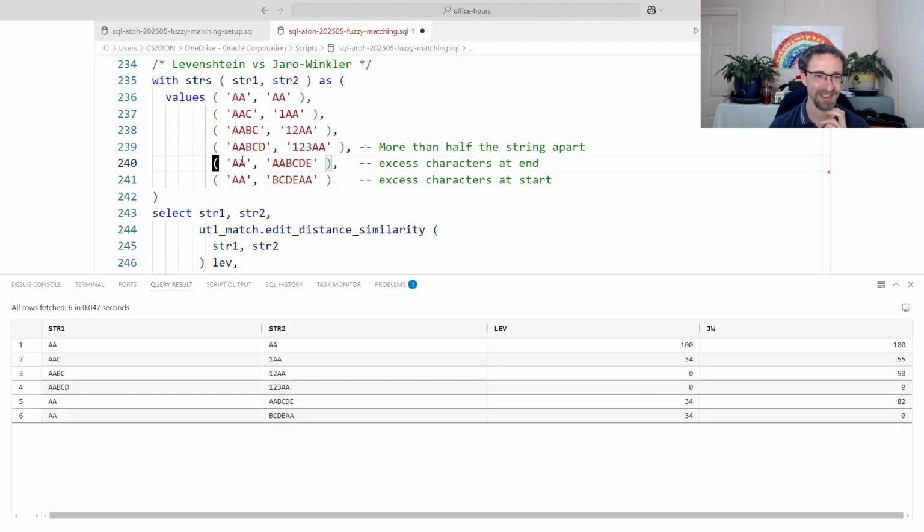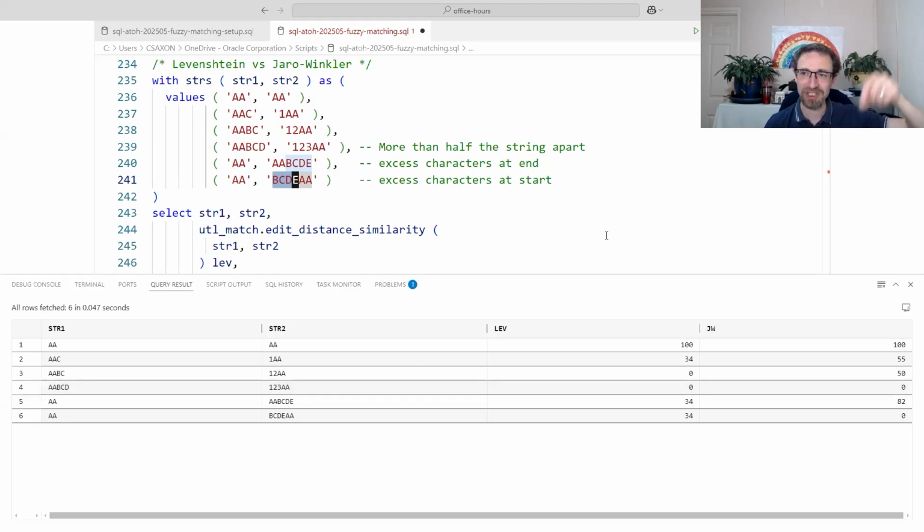Whereas Levenshtein says, well, only 1/3 of them actually match, okay? Whereas if we stick those AAs at the end, Jaro-Winkler says they don't match at all, right? They're completely different. Whereas Levenshtein, I should say, says we can just delete these leading characters and get a match there. So if you want to be biased to matches at the start, which is generally when we're sounding things out, and is reasonable, then you want Jaro-Winkler.